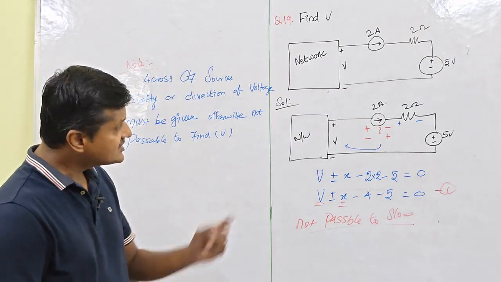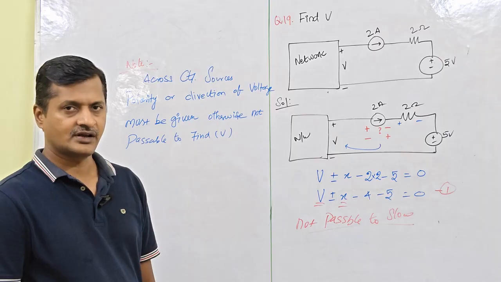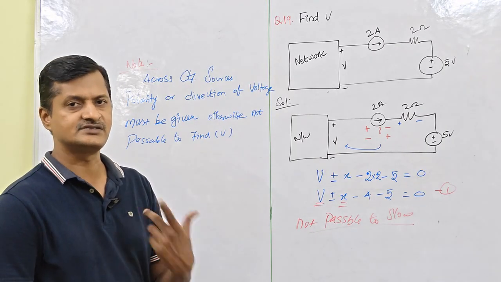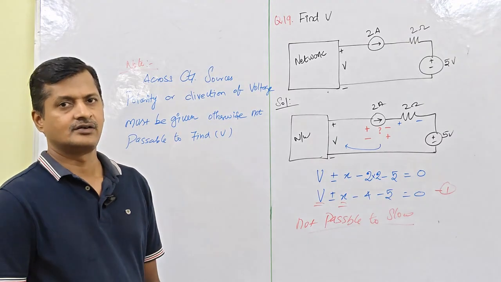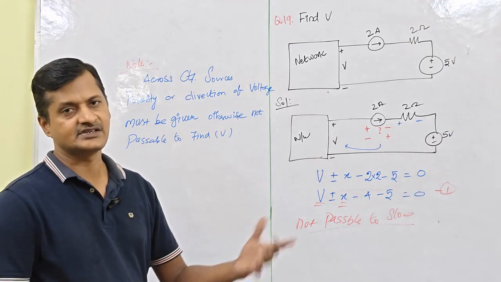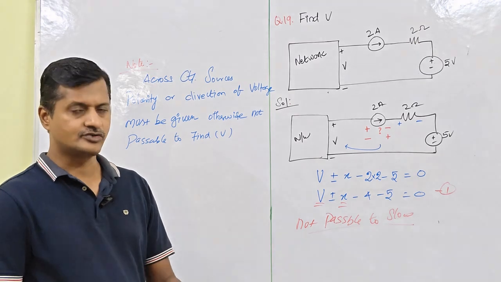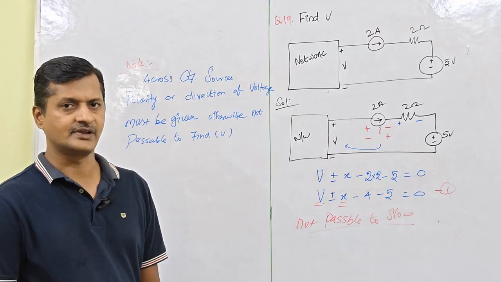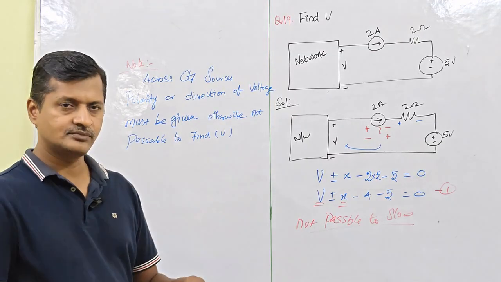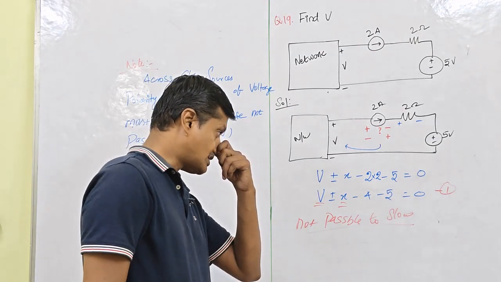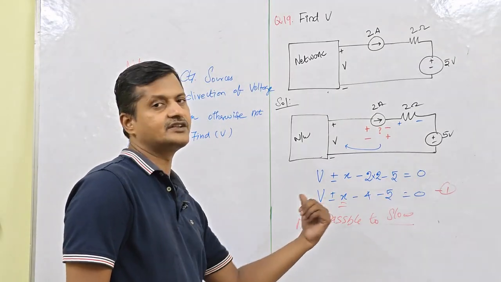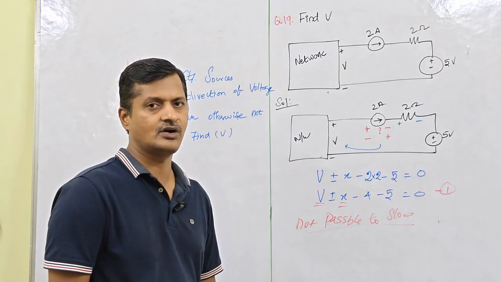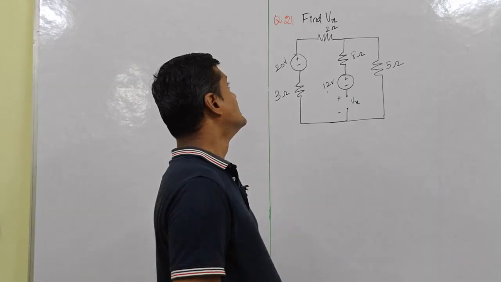So the concept we understand from this problem is that across a current source they must mention the polarity of the voltage. To find the voltage across the current source, you must mention the voltage polarity. Another concept is that if there are two unknown parameters in one equation, it is also not possible to find the values of the unknowns.